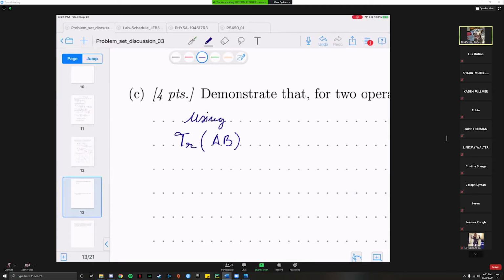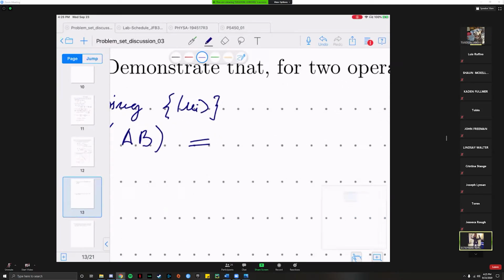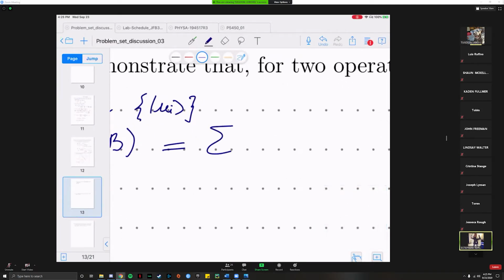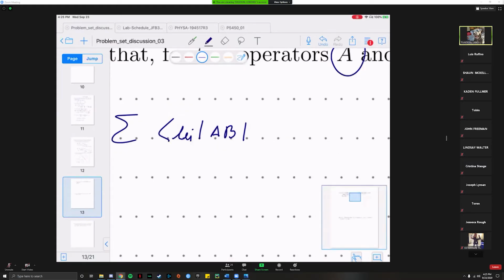a first basis, let's say UI, but you invoke that; it's not pre-existing in the problem. But invoking that basis, you can write that the trace is UI AB UI.